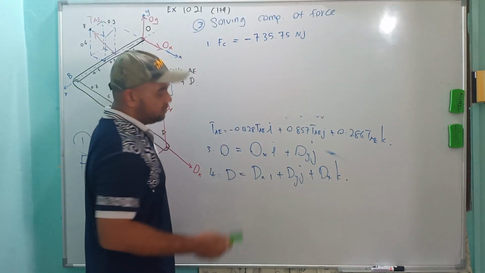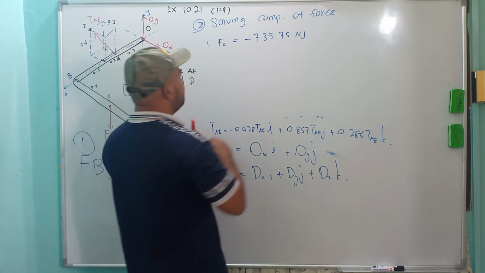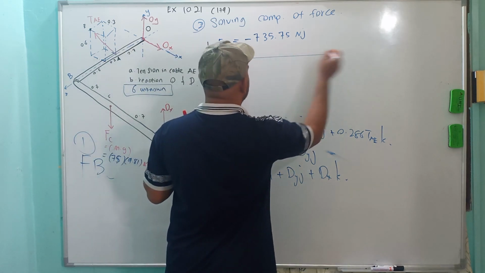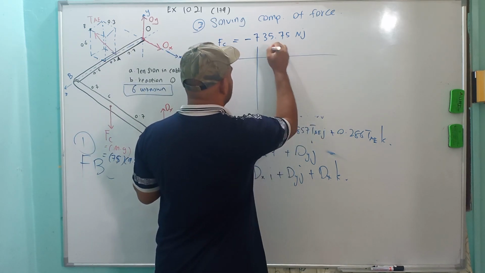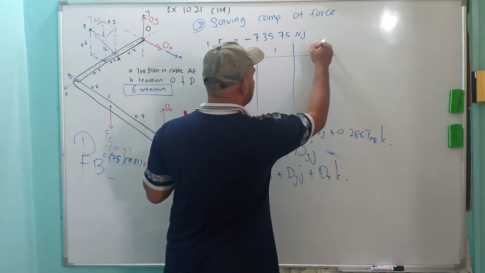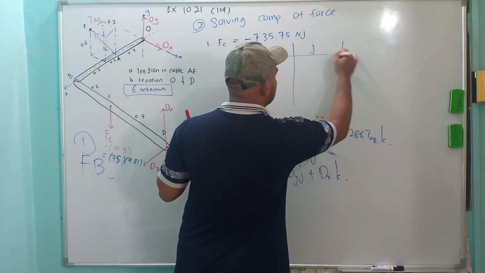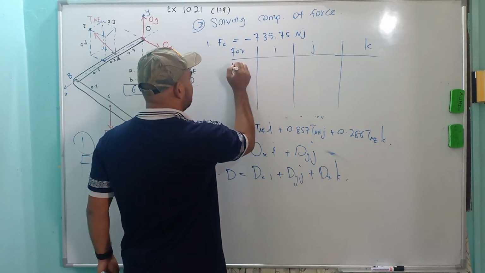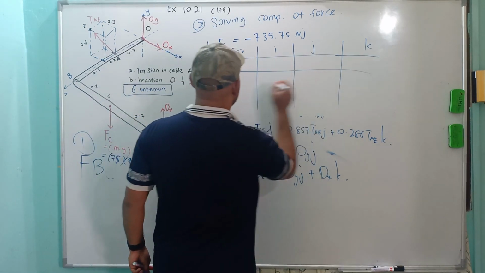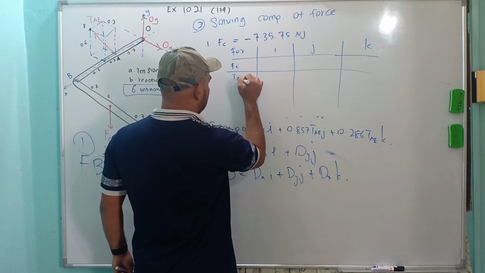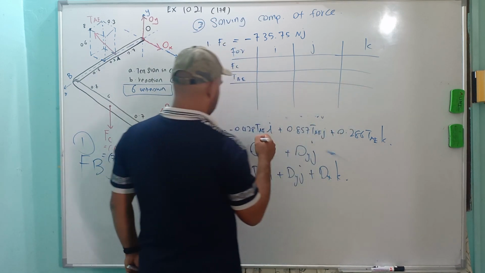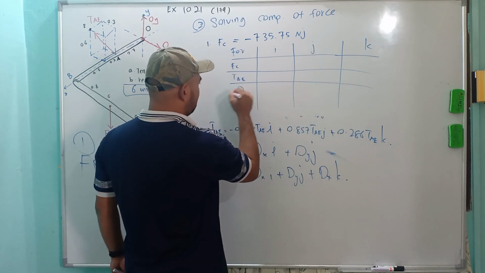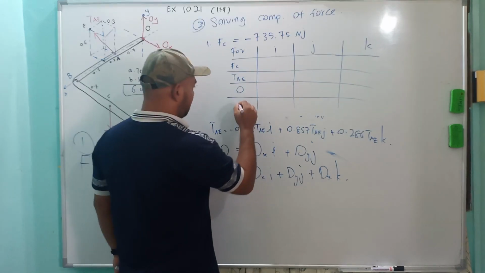I will have one small table, which is i, j, and k, and this is the force: FC first, TAE, O, and D.